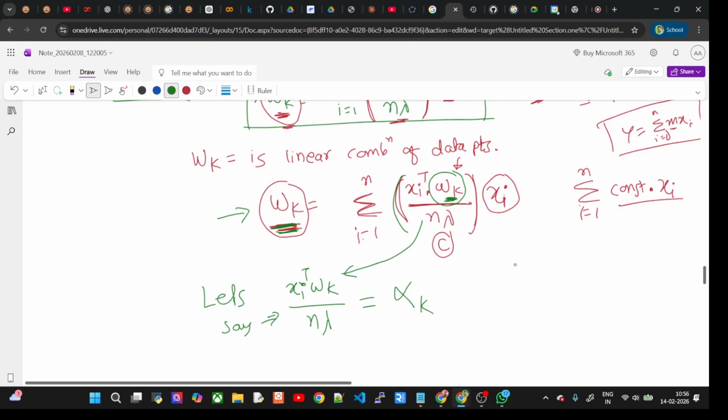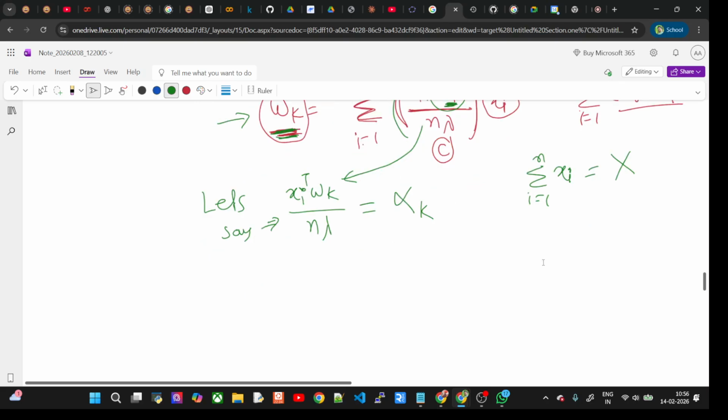What is remaining now is the summation of i equal to 1 to n of xi, and we know this is capital X, as we calculated earlier. So in this case wk is equal to capital X into alpha k. This is as of now. Remember this equation.